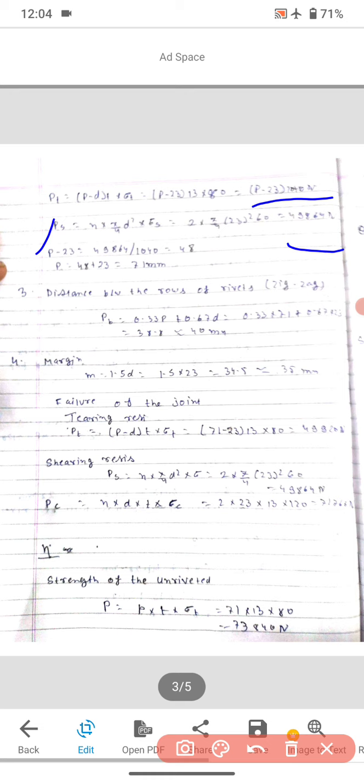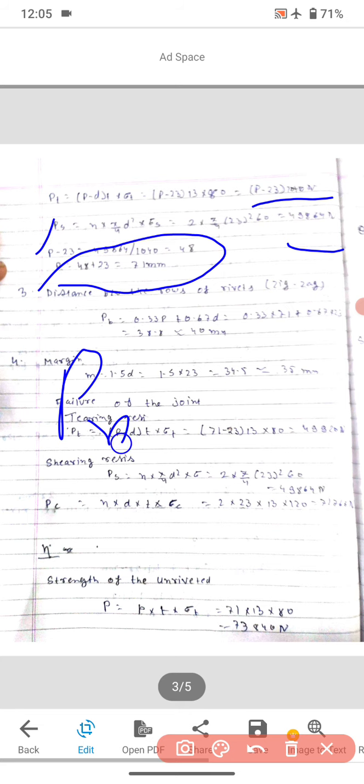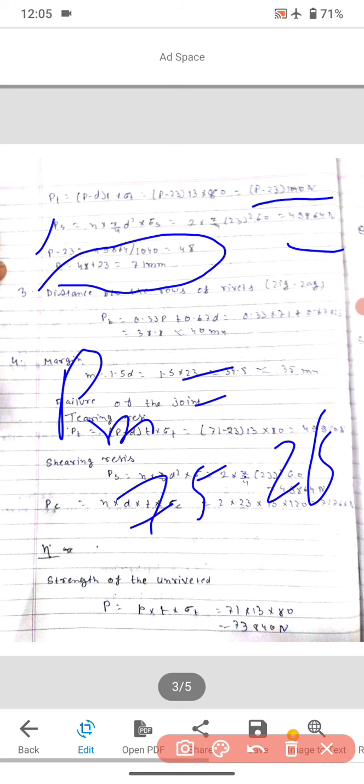Now equating both, you may find P is equal to 71 mm. Now compare this 71 mm to the maximum pitch, which is equal to 75.28. What is the condition that we had discussed in the last video?